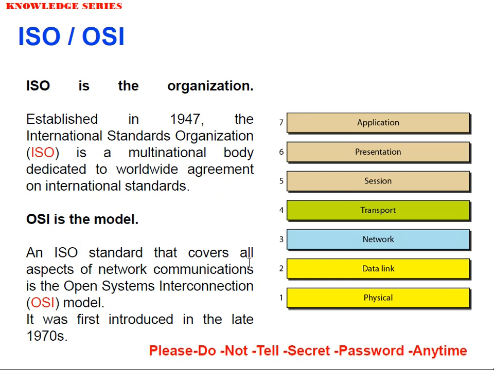Now if you see these 7 layers, the upper layer, where it starts from, is the application layer, then the presentation layer, session layer, transport layer, network layer, data link layer, and physical layer. This is the bottommost layer, which is numbered as 1.